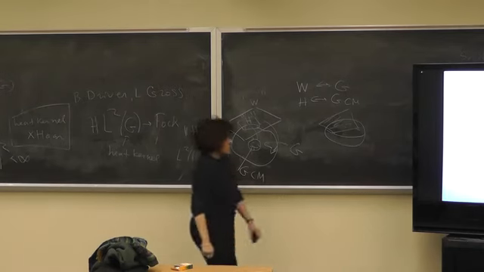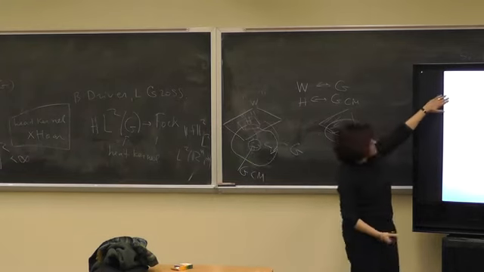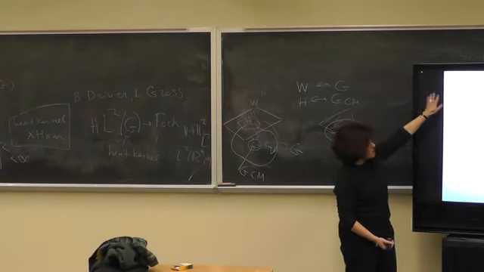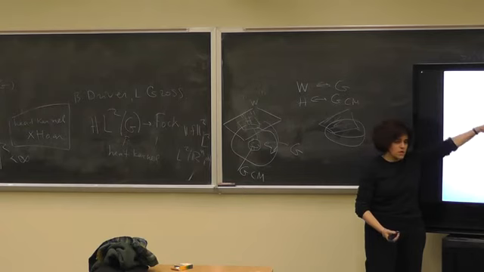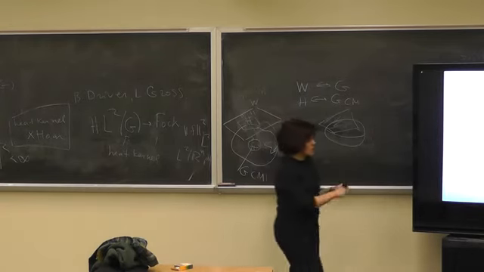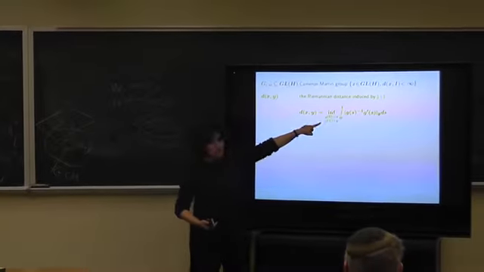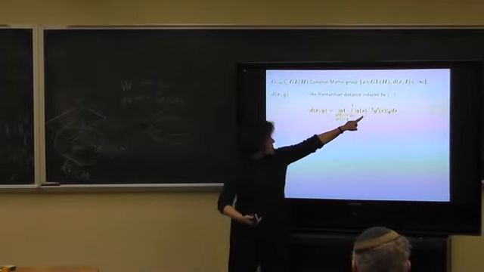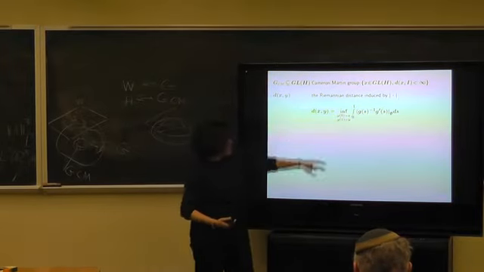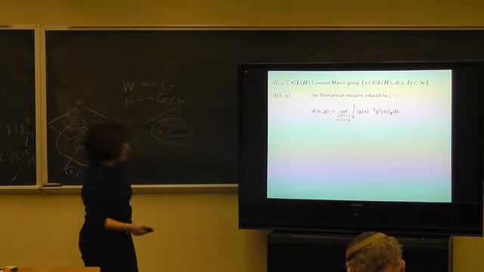Now I want to define some kind of Riemannian structure here, and I'll start from the distance function, and you do the same thing as in finite dimensions. You have a path in the infinite dimensional group, and you find the infimum over all paths, and so on.